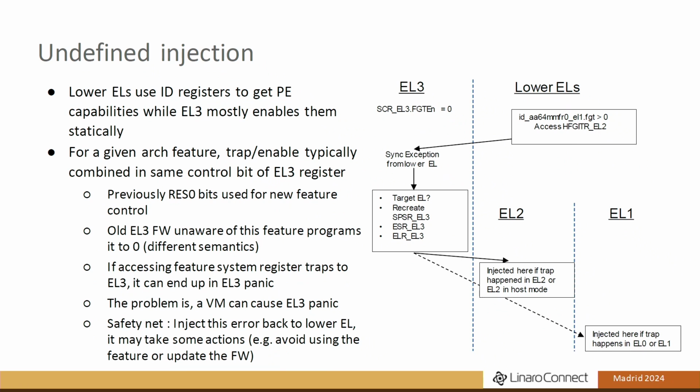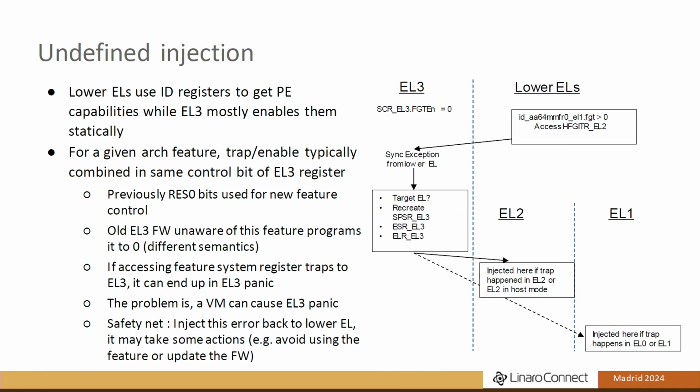So undefined injection was a type of safety net mechanism to inject this error back to the lower EL, the EL which is capable of handling that exception, or is supposed to be handling that exception. And this could give some hint to the hypervisor or the OS kernel to maybe not use the feature in future or update the firmware.